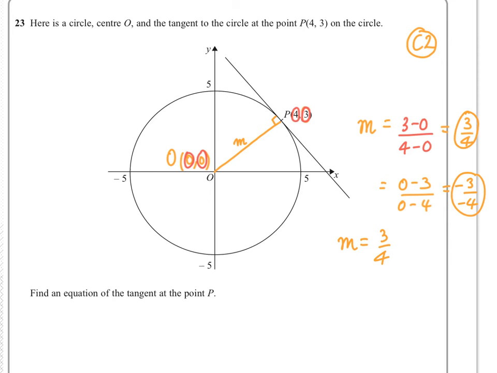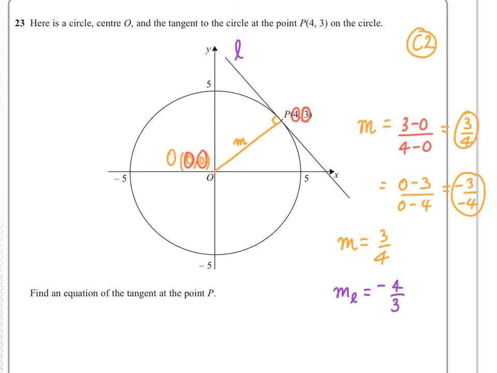So we know then that the gradient of this line here, and we're just going to call it L. So we know the gradient of L is going to be, well, it's definitely minus because the other one was positive, and all we do is we just turn the 3/4 upside down and we get -4/3.